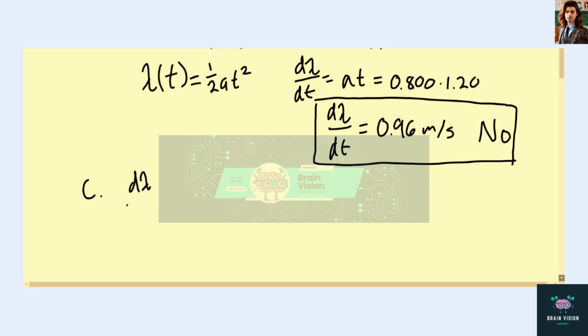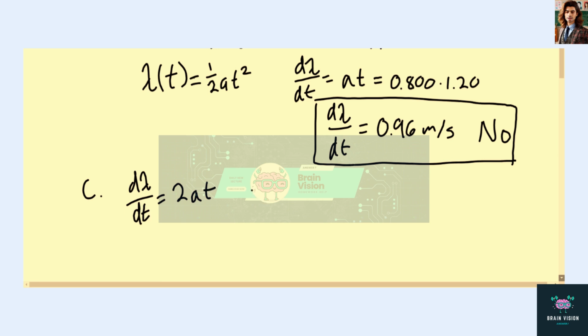This question seems a little bit nebulous and weird, but you just need to think about what our formula for d lambda dt for the fundamental is. And that is 2AT.